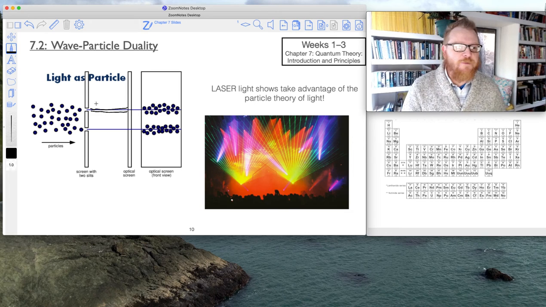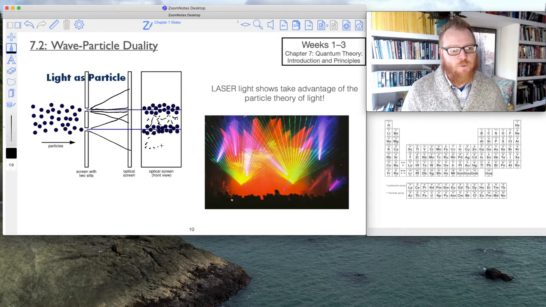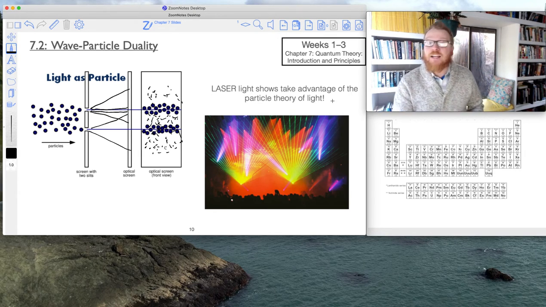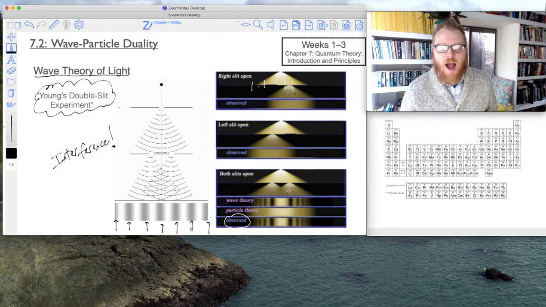Now, of course, if the light beam coming out were divergent, if it was expanding like this, okay, like in Young's double slit experiment, then we would just see, I'm going to try to represent particles of light. We would see these photons all over the screen, okay? And so it would look very much like this picture right here, the particle theory picture, okay?